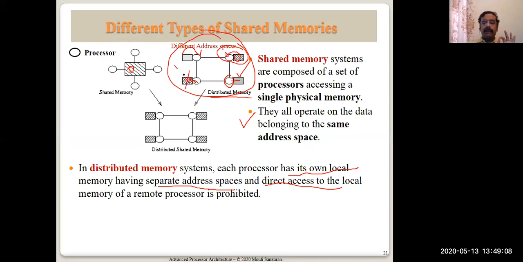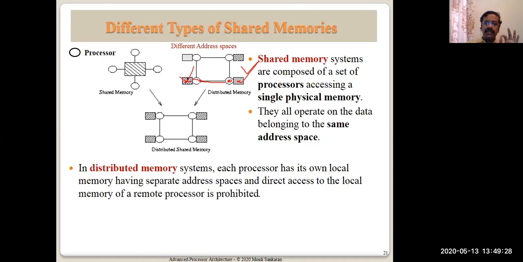If this CPU is accessing a location here and another location here, this will be accessed much faster than this because it has to go through the link to access it. Don't think that the CPU will be disturbed.